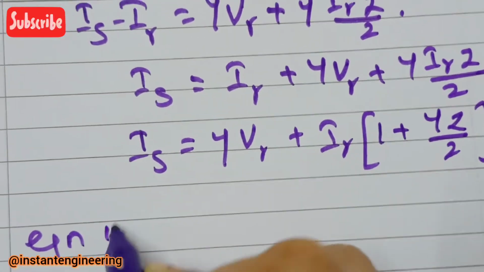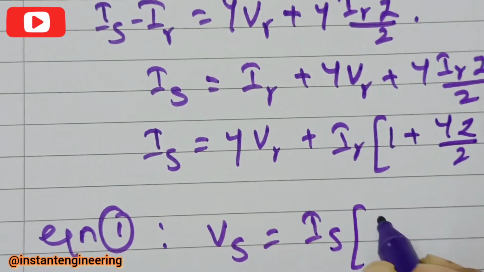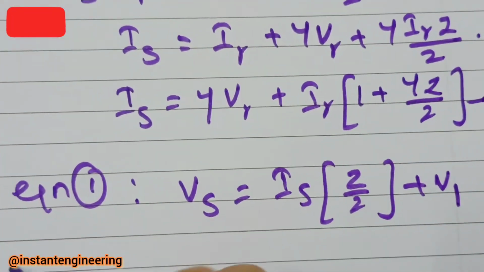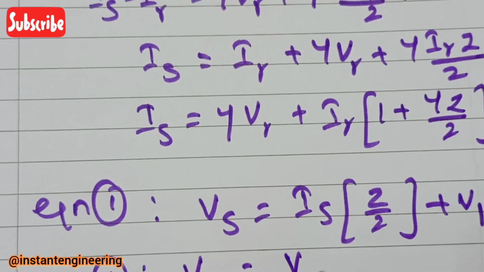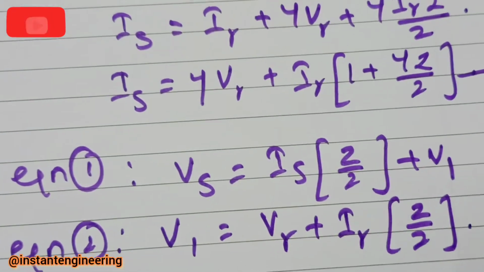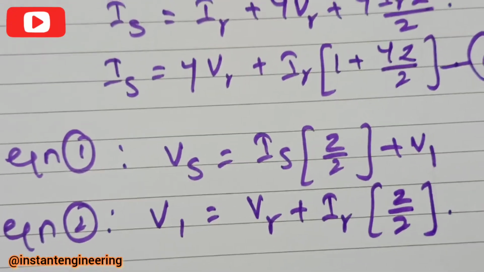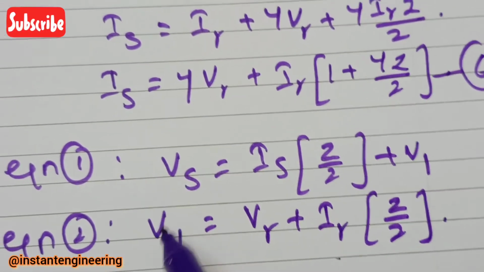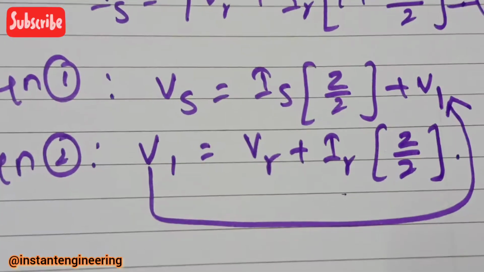See, equation 1 I am rewriting here. VS is equal to IS Z by 2 plus V1. This is equation 1. Equation 2 is V1 is equal to VR plus IR Z by 2. So here what we can do is, see, we have VS here, V1 is also there. So just substitute this V1 in the place of V1.